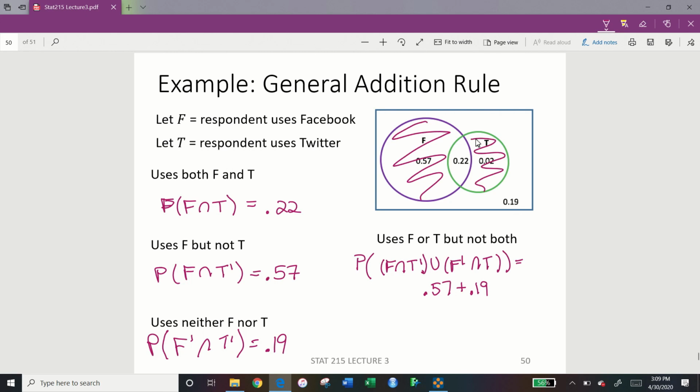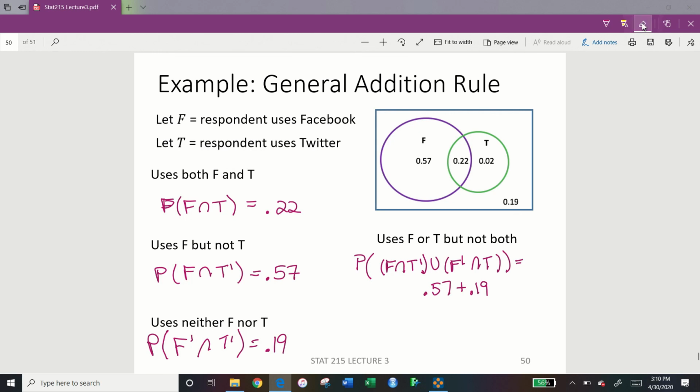We could also use the complement rule, where we know that the union of Facebook, Twitter, and both is 0.57 plus 0.22 plus 0.02, and then we could take out the 0.22, but that seems like an extra step.